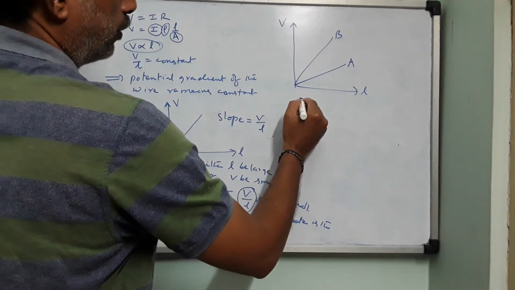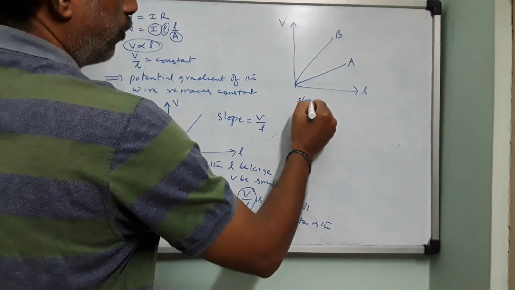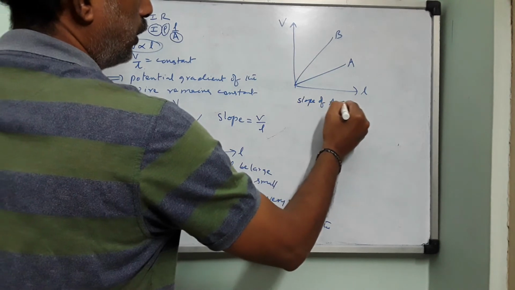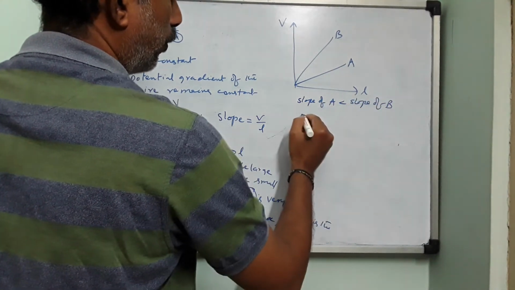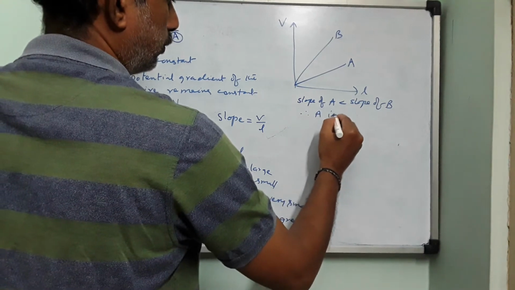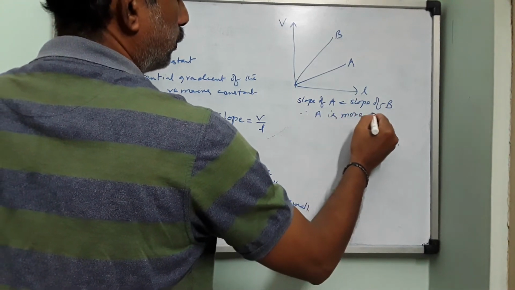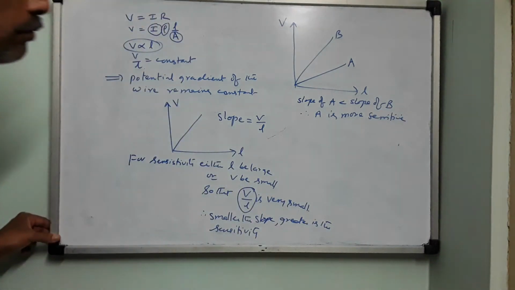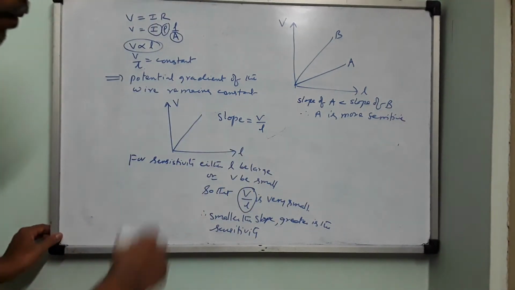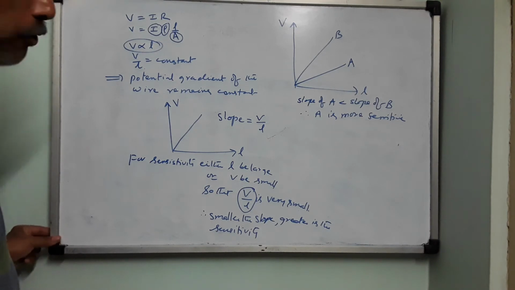Slope of A is less than slope of B. Therefore, A is more sensitive. So this type of question can be expected on potentiometer.